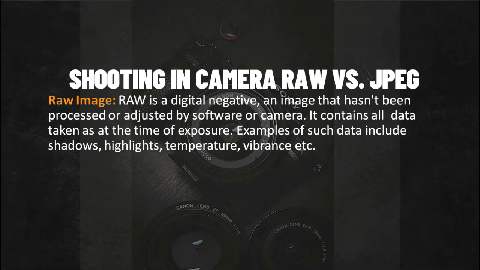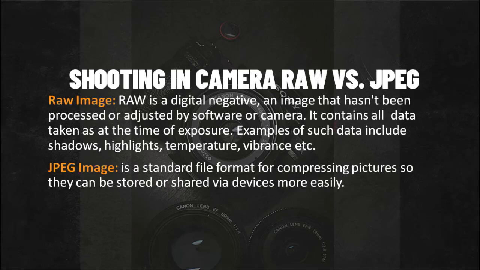Examples of such data might include shadows, highlights, temperature, vibrance, and all details, all data that are available at the time of exposure. Okay, now it is very advisable for you to shoot in camera raw. This is because you can always manipulate the temperature and every other thing you want to manipulate. If you made mistakes, you can easily adjust some of the mistakes in camera raw.